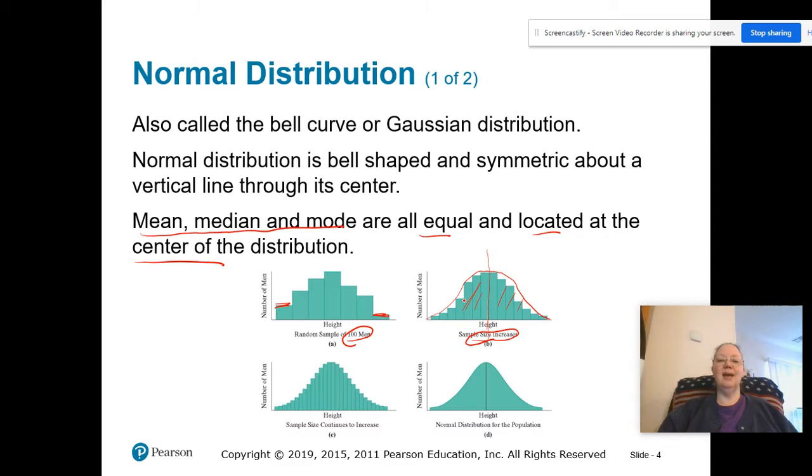It's still not identical left to right, but notice as we increase the sample size, it looks more and more equal on the left side and the right side. So this is still considered a normal distribution, even though it doesn't look 100% identical left and right. We just need to increase the sample size.